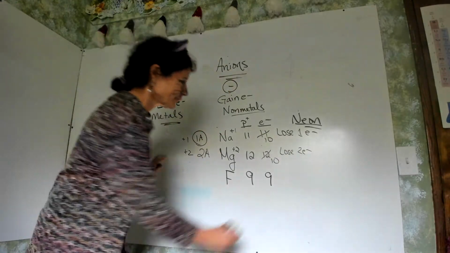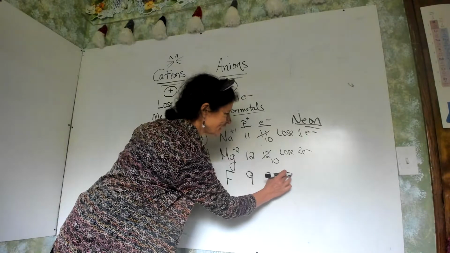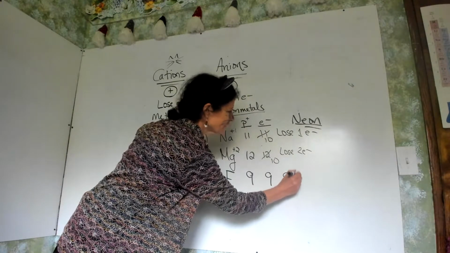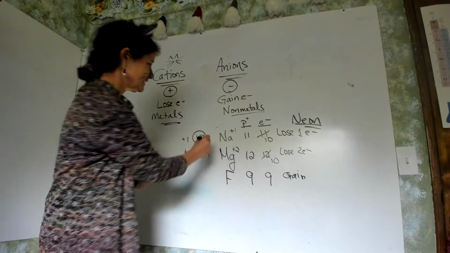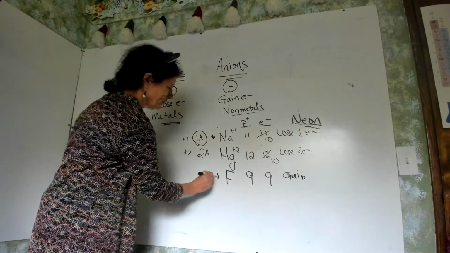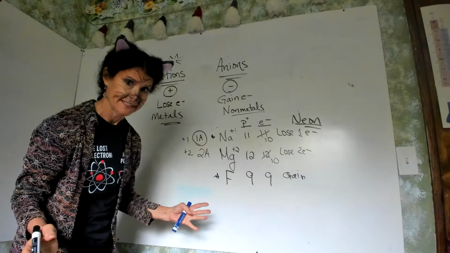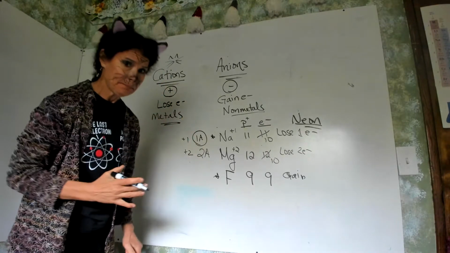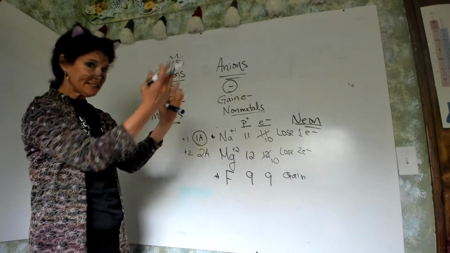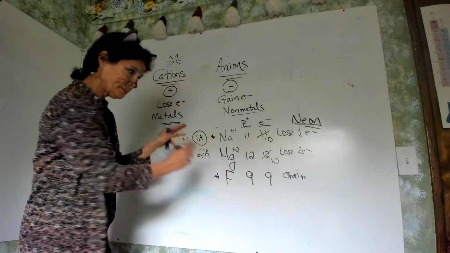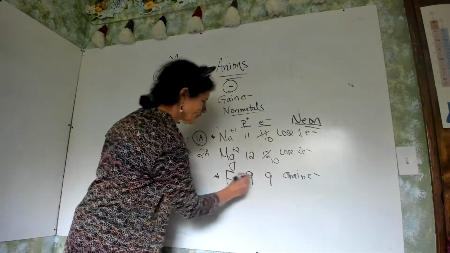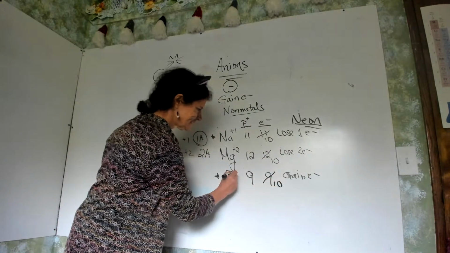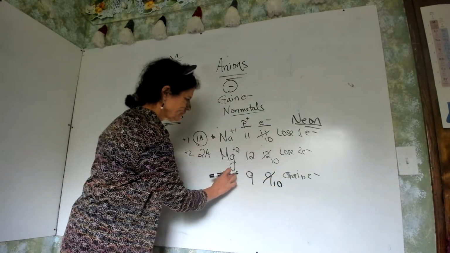Neon's right next door, so it wants to get there. The 1A's, the first family, and then the halogens are the most reactive things on that periodic table because they're so close to being like a noble gas. Remember, the periodic table is not flat, so sodium and fluorine are right next door to neon. So it gains an electron, and so it's at 10. We put a -1.